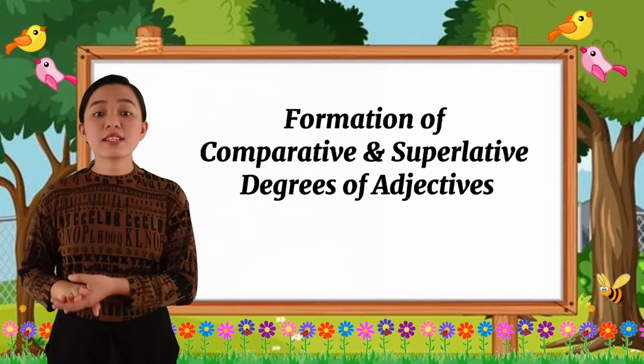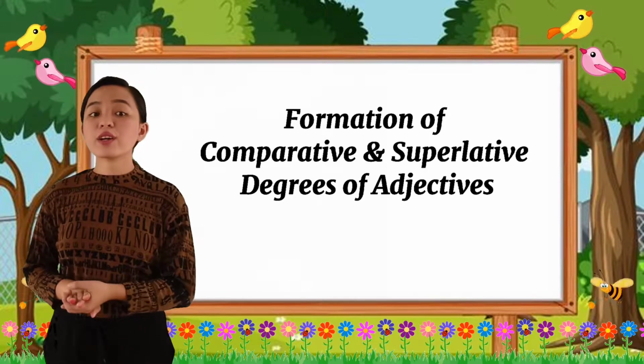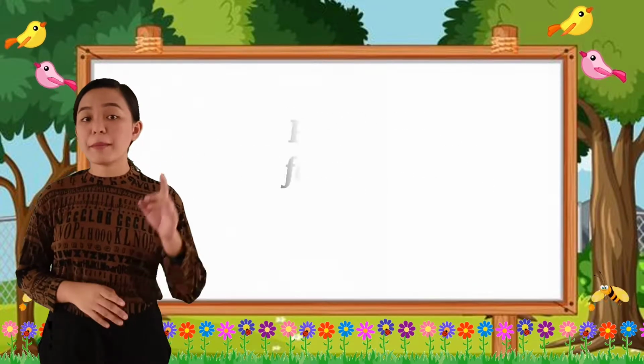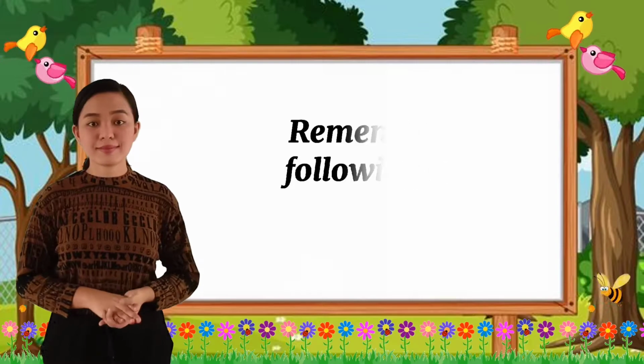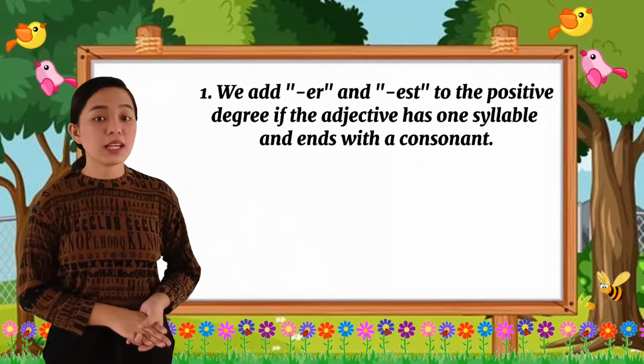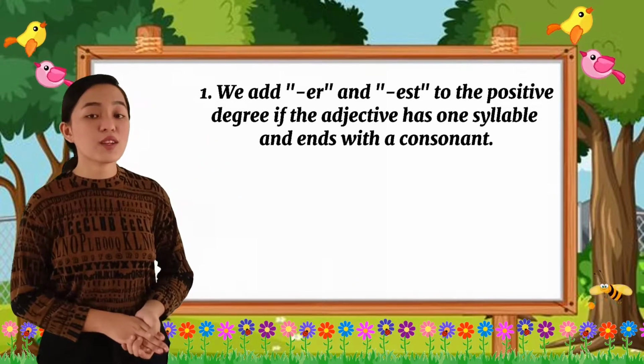So now, let's learn more about the degrees of comparison of adjectives. In order to form comparative and superlative degrees of adjectives, remember the following rules. We add er and est to the positive degree if the adjective has one syllable and ends with a consonant.